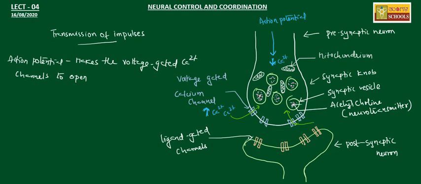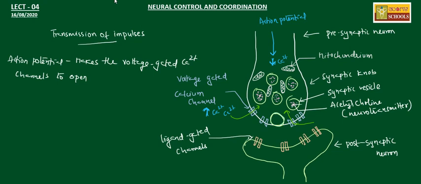Now these calcium ions will bind with the synaptic vesicles and make them come and fuse with the synaptic knob membrane.